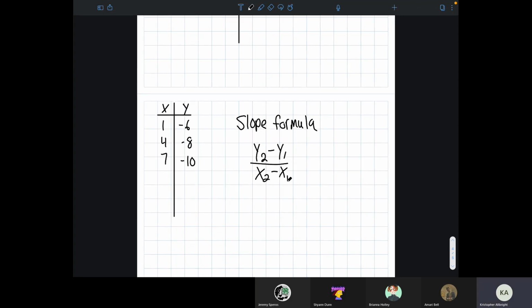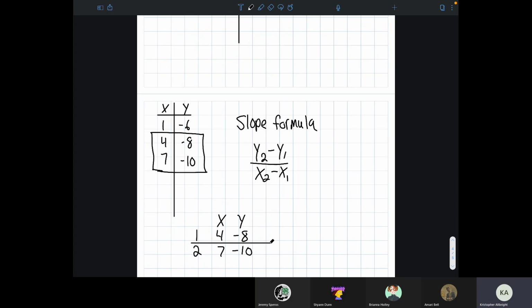And our x's and our y's here, they represent some of these values. So what we do is we pick 2 points, any 2 points, it doesn't matter. So I'm going to take these guys, and I'm going to write them down here like this. X, Y, 1, 2. 4, -8, 7, -10.